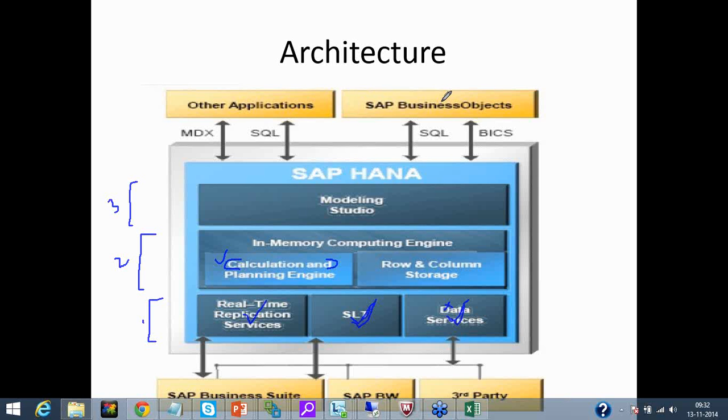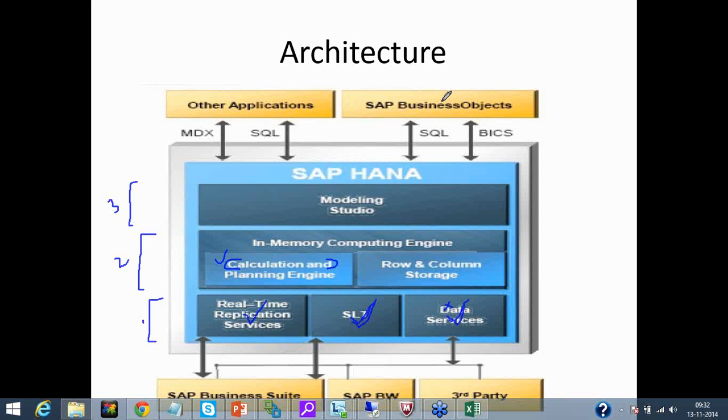The planning engine that you have here in the in-memory computing engine is basically for all the financial applications that can be leveraged on top of HANA. So you have the planning engine as well, which you could use.